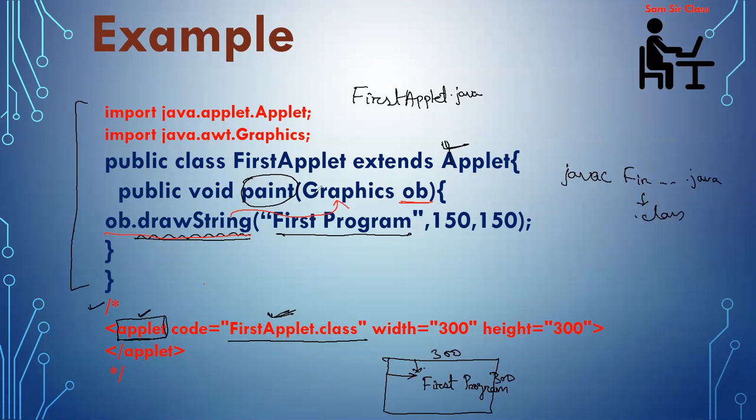As I need drawString method, I am using the graphics class. As I am using the graphics class, I am including awt.graphics. As I am using the paint method, I have to inherit the applet class. As I am using the applet class, I am using the applet package.